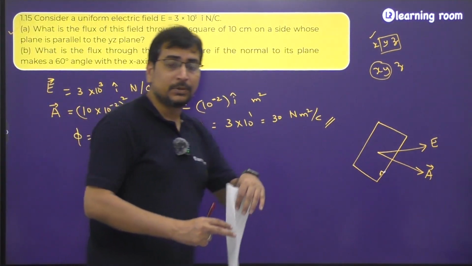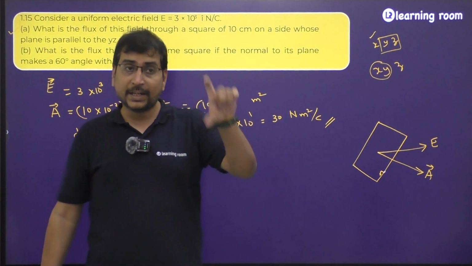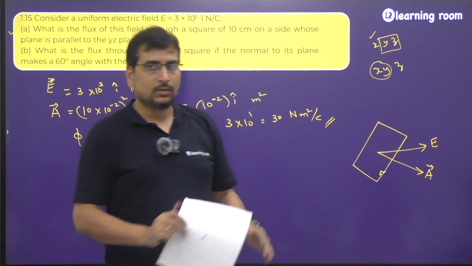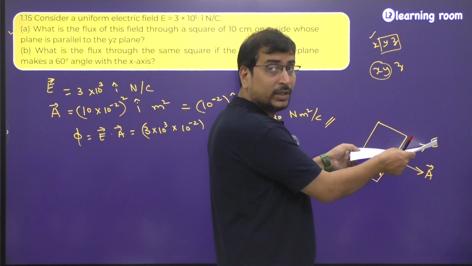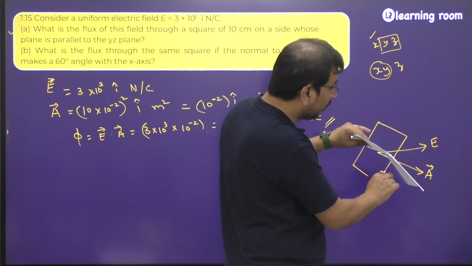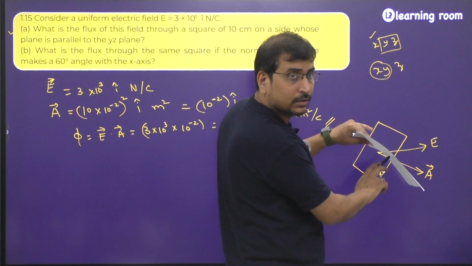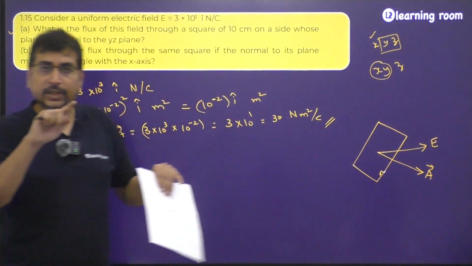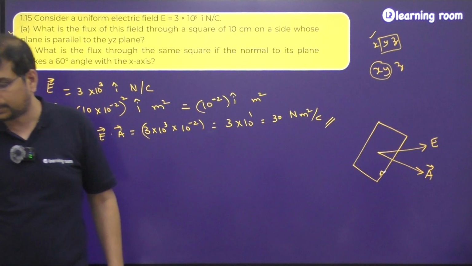But sometimes they will say the plane of the square is making an angle 60 degree. If this is how electric field is, and the plane of the square is making 60 degree, now it will rotate like this. Then the normal will not be 60, rather it will change accordingly. So that is where we need to be careful, where to take that 90 minus and where not to take. In this problem, we need not take.